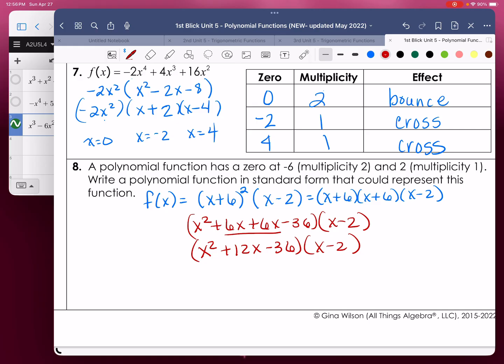So x times x squared is x to the third, and x times 12x is 12x squared, and x times 36 is 36x. Now when I do the minus 2, that's going to give me minus 2x squared and minus 24x and minus 72. Now I need to go back and combine like terms.